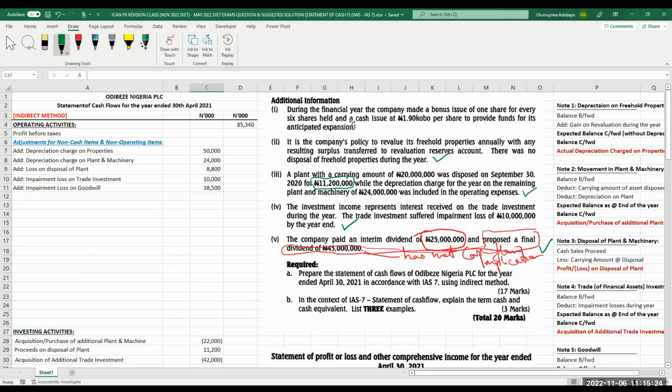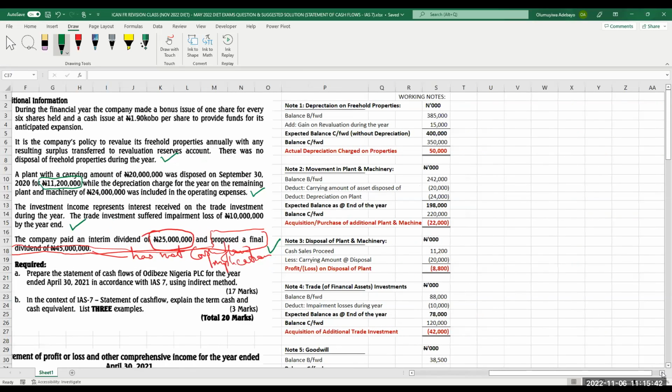During the year, the company made a bonus of 1 share for every 6 shares held and a cash issue of 1 naira 90 kobo per share to provide funds for its anticipated expansion. Now let's pick it one by one. Let me put it here.